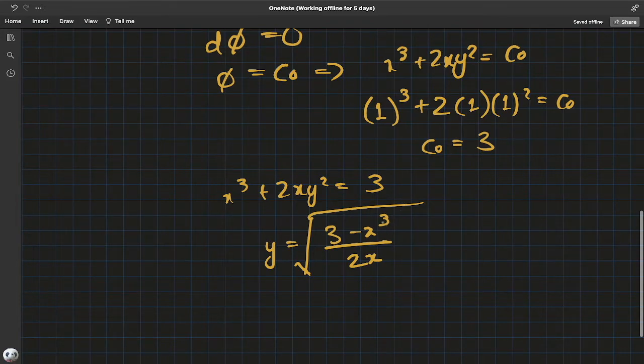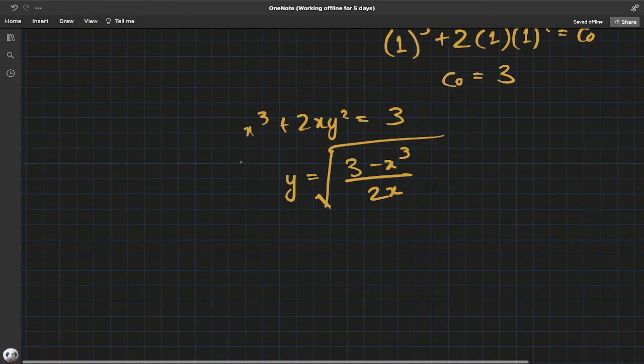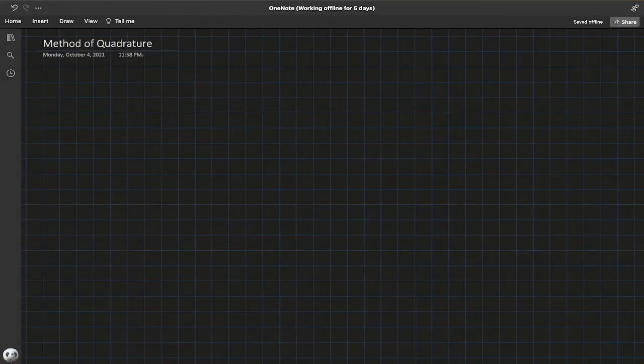If x is 1, to get y of 1, this should be positive. So instead of plus or minus, just take the positive one. So this is your solution for y of x. So this satisfies the equation. You can check it.